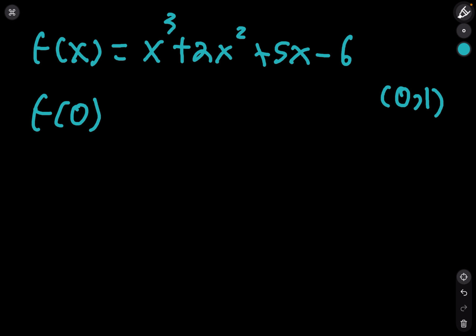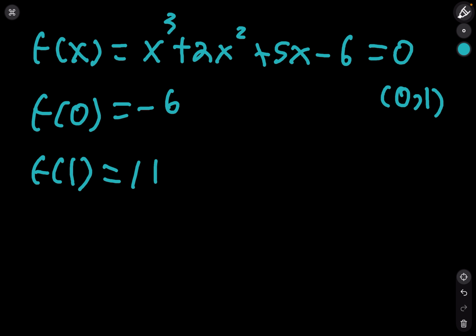What you would do to find out, let's just set the function f of x equal to 0. So in order to see if we have a solution in the domain, we have to plug the numbers in. So f of 0 is just negative 6. f of 1 is equal to 1 plus 2 plus 5 minus 6. 1 plus 2 is 3, plus 5 is 8, minus 6 is equal to 2.